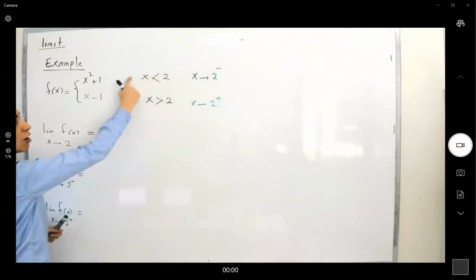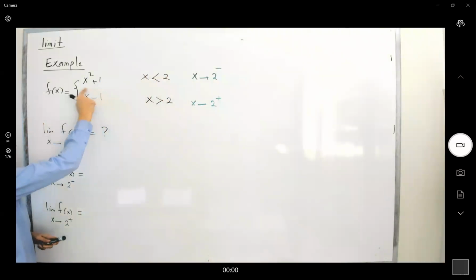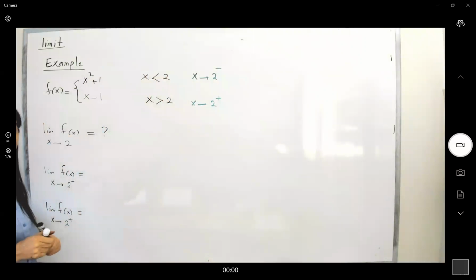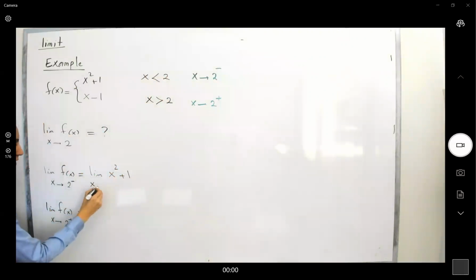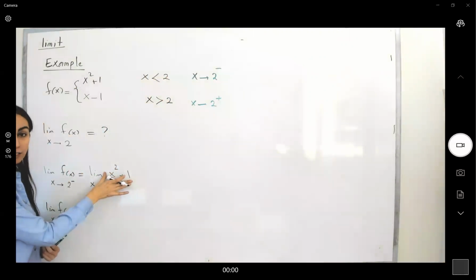The definition of the y value on the left-hand side is a quadratic definition, x squared plus 1. So here you have the limit of x squared plus 1, and your x is getting closer and closer to 2 from the left-hand side. Well, you stop here and you say that I have a quadratic expression. This is a nice function.